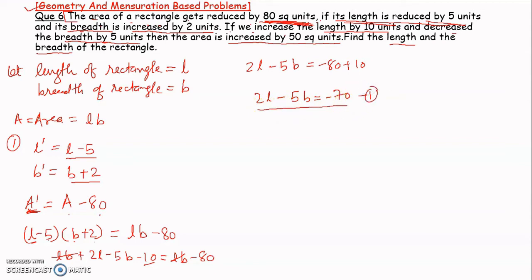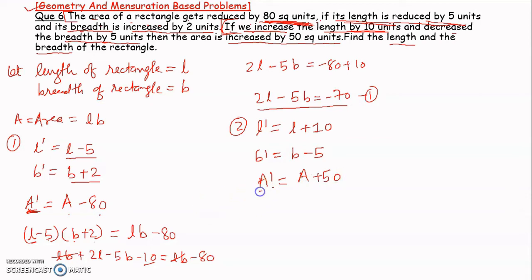Now in the same way, consider the second condition. If we increase the length by 10 units, the new length is L plus 10, and we decrease the breadth by 5 units, so B dash will be B minus 5. The new area is increased by 50 square units, so the new area will be A plus 50.